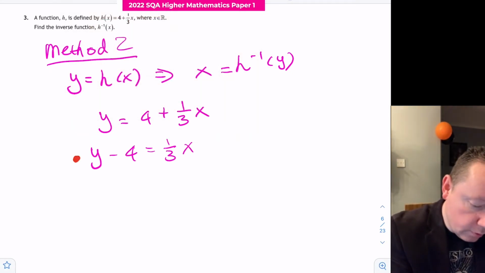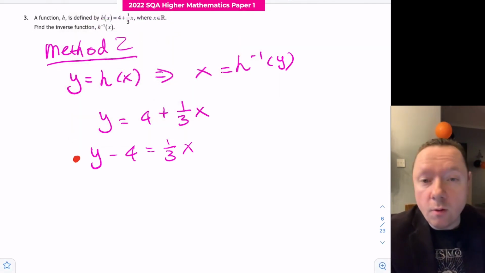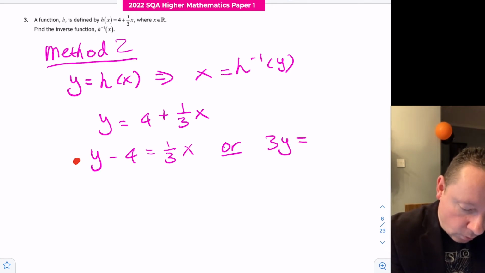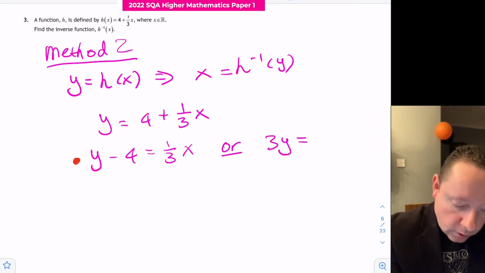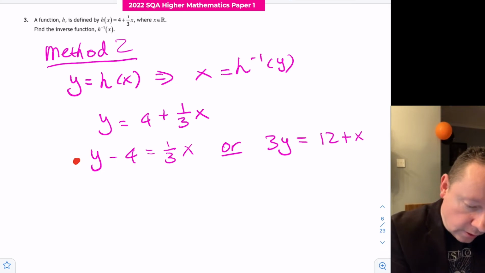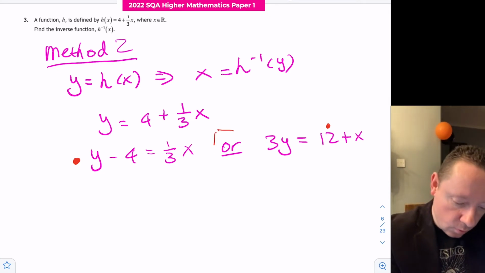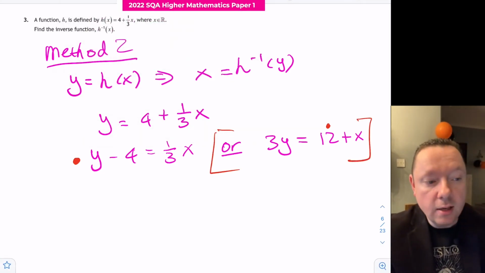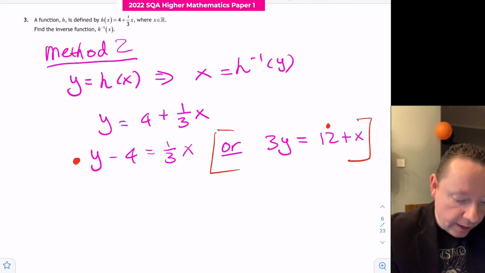Or alternatively, if you prefer to multiply through by 3 first, you could have 3y equals 12 plus x. If that's the way you prefer to go, I would do it the first way, but that's the alternative way.